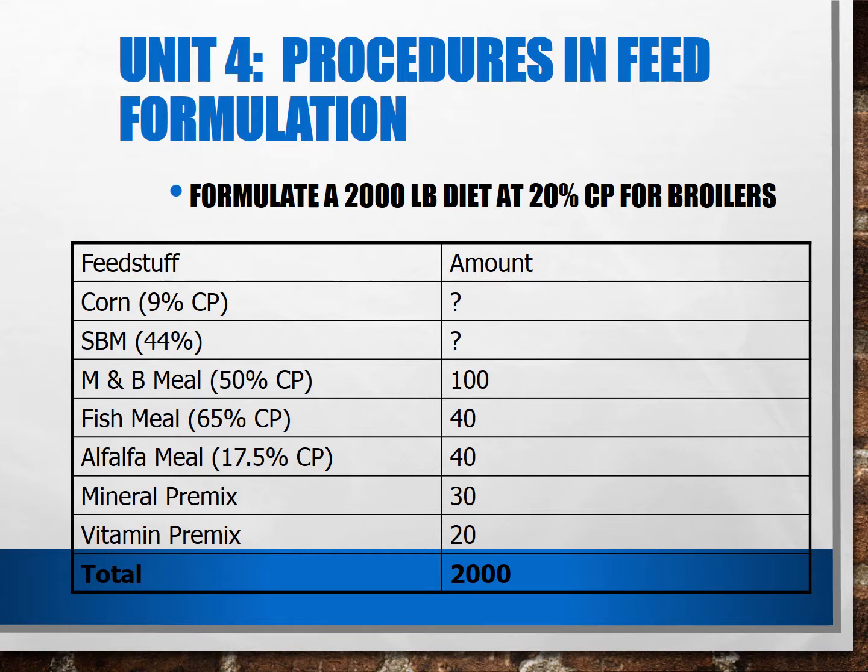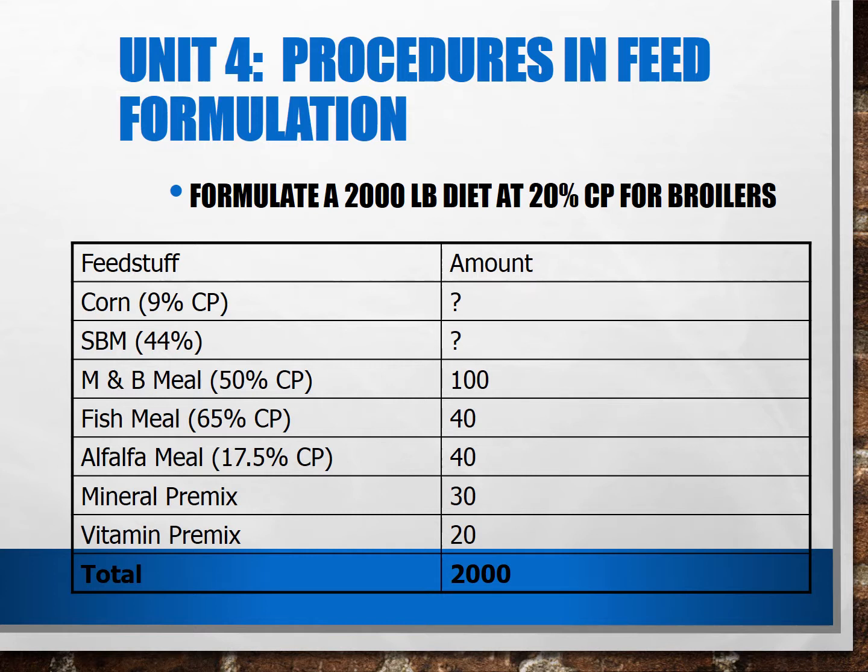We're going to feed 40 pounds of that 2,000-pound diet of fish meal, and 40 pounds of the diet is going to be alfalfa meal. You can see the crude protein levels of those two things listed right there. 30 pounds of the 2,000 is going to be mineral premix, and 20 pounds a vitamin premix.